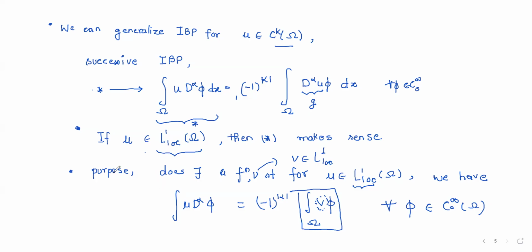So the precise question is: does there exist a function v which is locally integrable, so that this integral makes sense, such that for our original function we have this equality? And you can believe this is the definition of weak derivative. So I will give the precise definition.